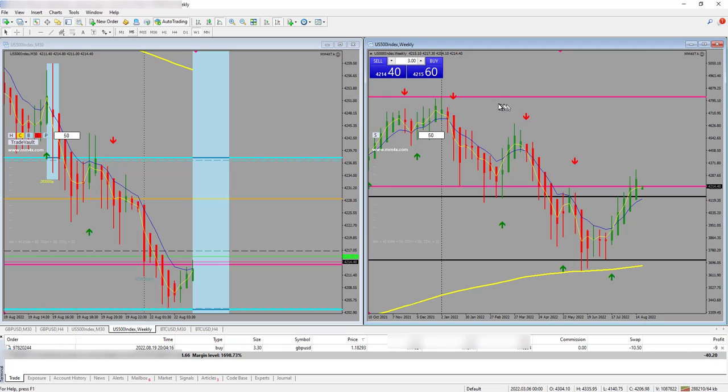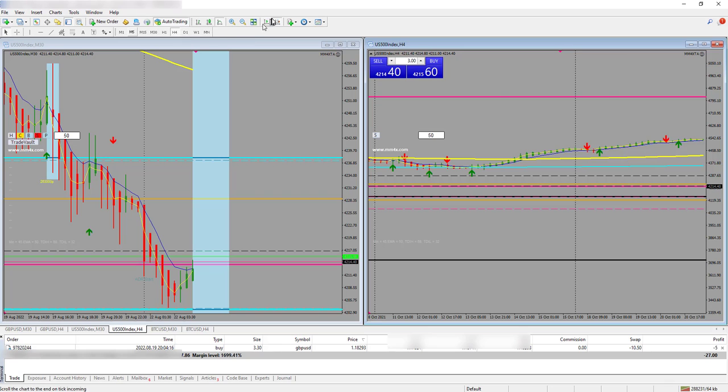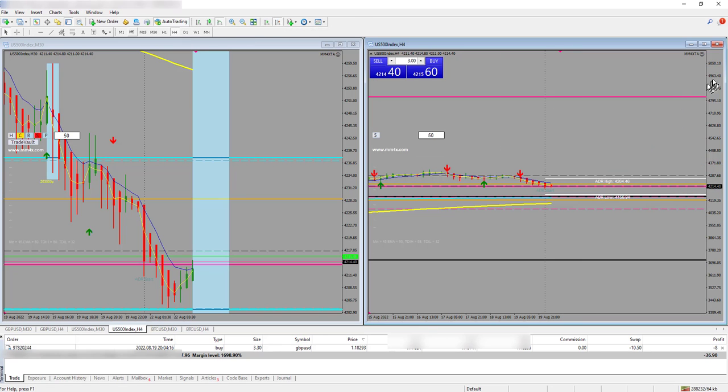So if it doesn't get above 42.14, near the low of the year, we can see that this pair may go back down. But that's a bit far-fetched because that's the weekly time frame. Let's look at it from the 4-hour, because I want to look at what's going on by the week.